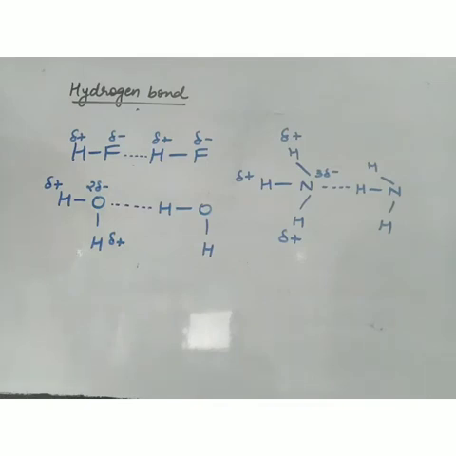So because of this hydrogen bonding, what are the consequences? Physical state changes and boiling point increases, because hydrogen bonding means extra force of attraction. So the boiling point of the molecule will increase. The boiling point of water is 100 degrees Celsius. It is an exceptionally high boiling point because of this H bonding only.